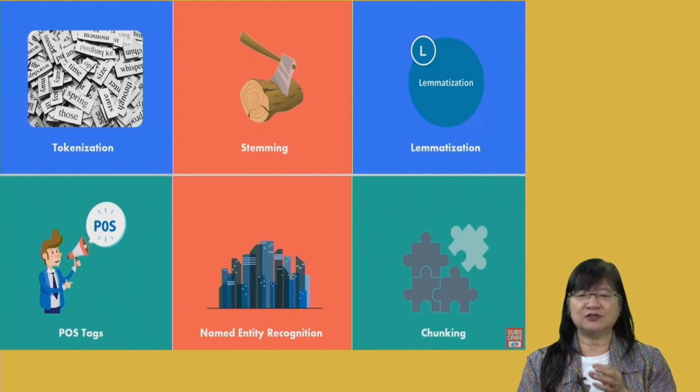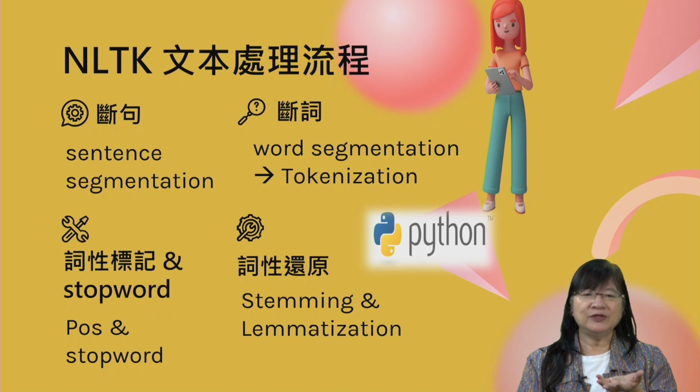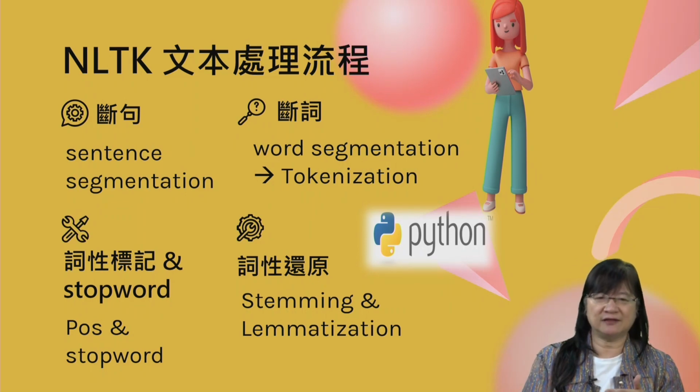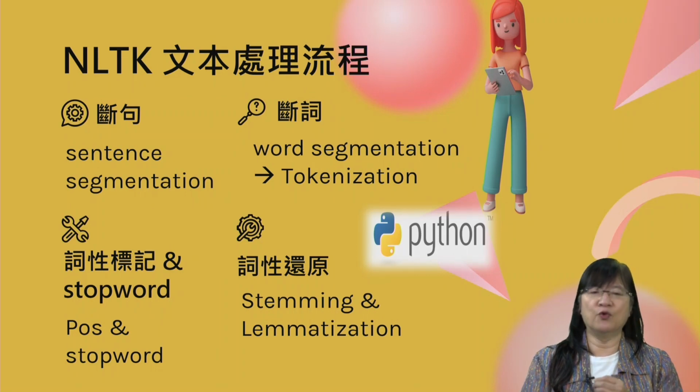And the last one is chunking. We put some words together, a group of words, they should be read together, right? Okay, so all these are for your reference to see the NLTK analysis. So we will check about the sentence segmentation. Then from this segmentation, we tokenize the words.